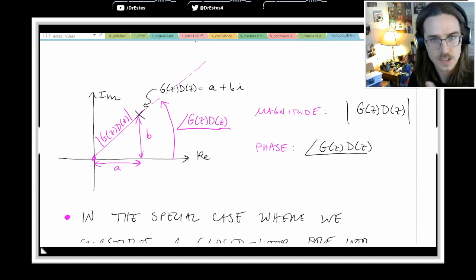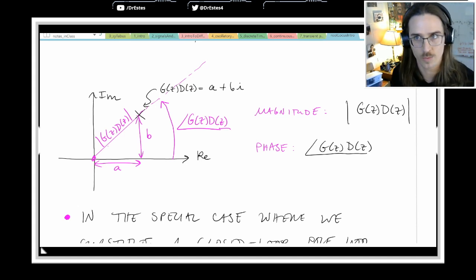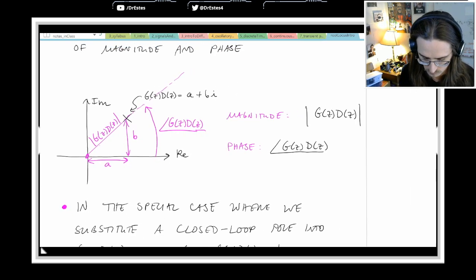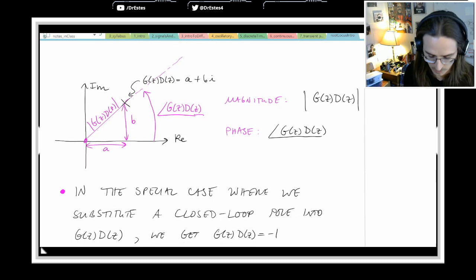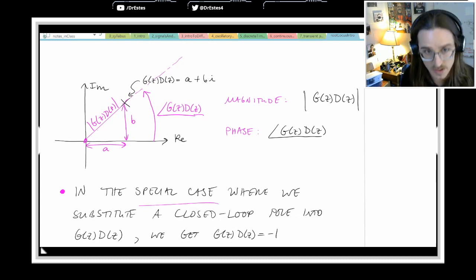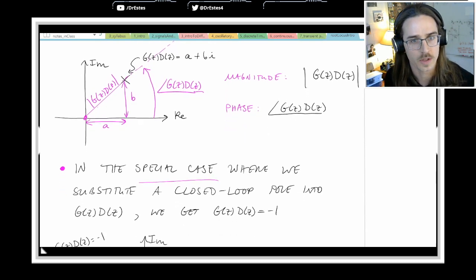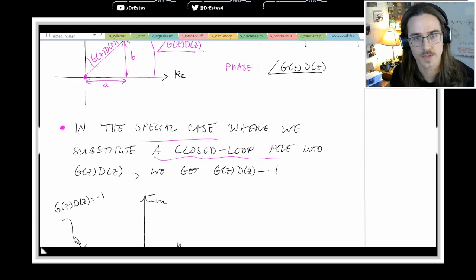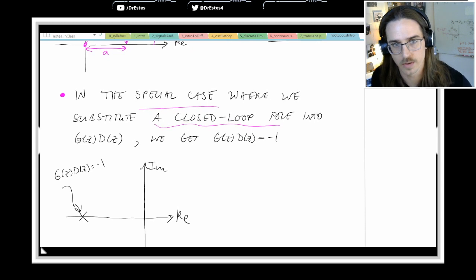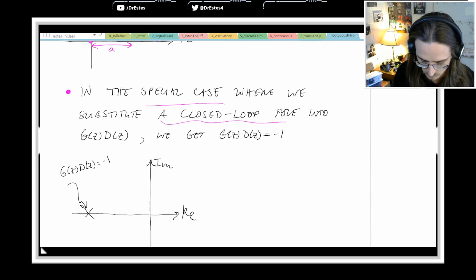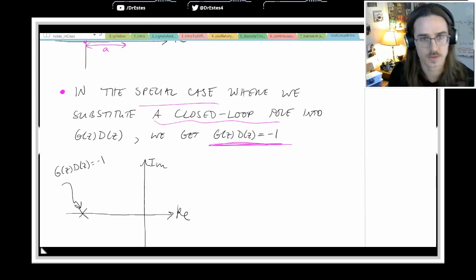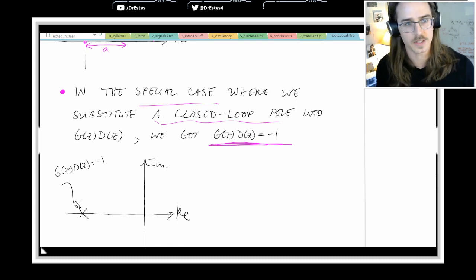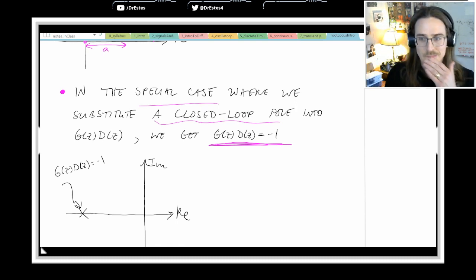But what happens in the special case where we plug in a closed loop pole? We're going to do the same thing, but this is not just any value of z. We substitute a closed loop pole in there. Remember, when you substitute a closed loop pole into the open loop transfer function, you get g of z times d of z equals minus 1.